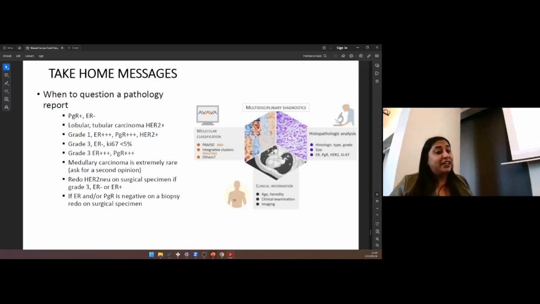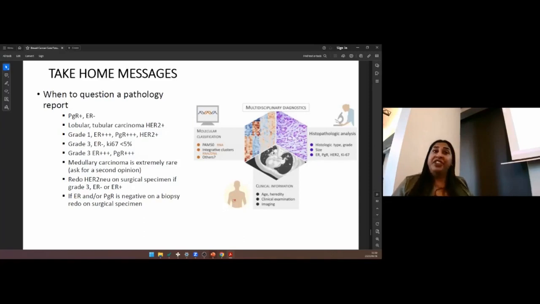If there is a tubular or lobular, which are often grade 1 carcinomas, and they're overexpressing HER2/neu. If you've got a grade 1, ER positive, PR positive, HER2 positive carcinoma, also just double check that, when it means that HER2/neu is overexpressed in your grade 1s, in conjunction with your ER positivity, you need to question that as well.